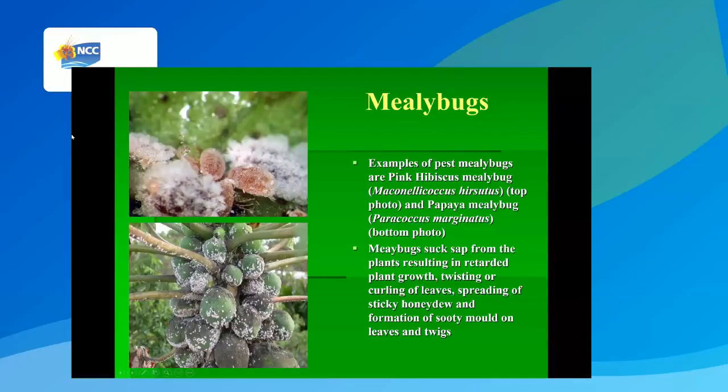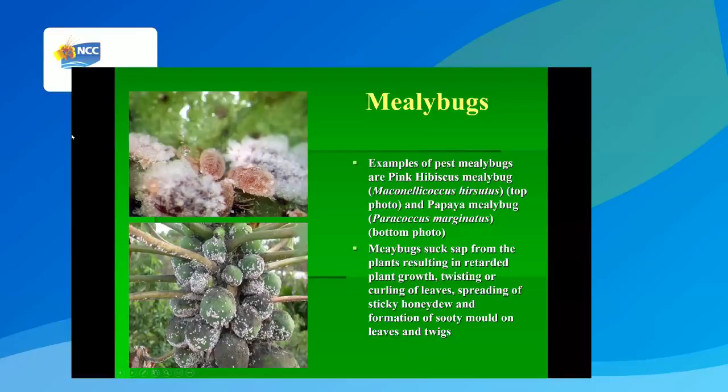the pawpaw mealybug, Paracoccus, which looks really unsightly. It causes a lot of black honeydew, sooty mold on it as well. So you really can't sell the fruit as such or utilize the fruit as such unless you give it a really good wash off.